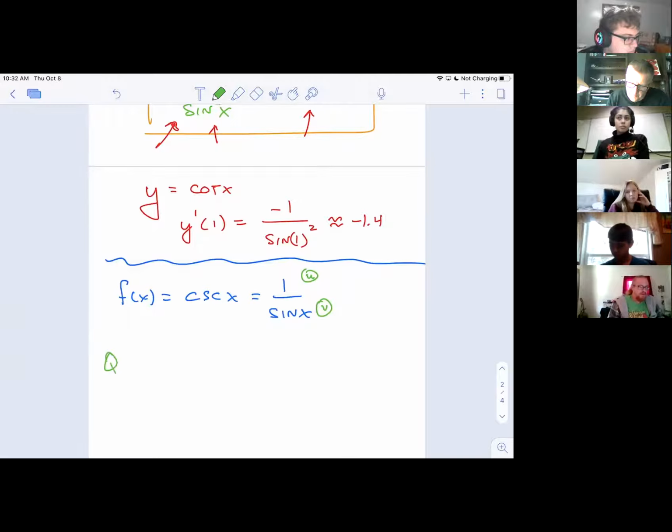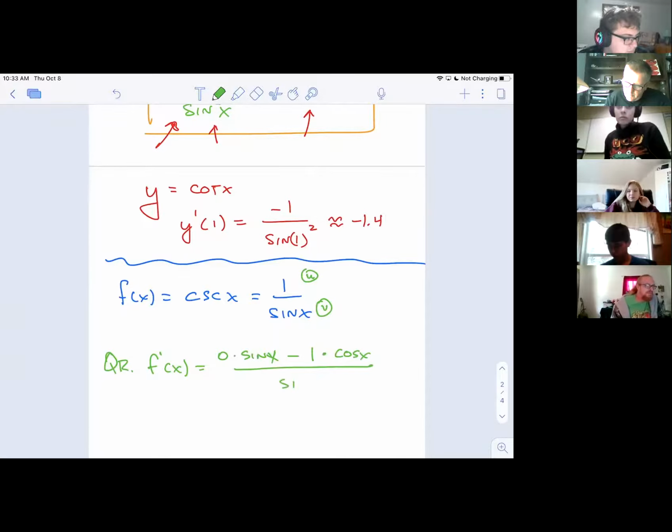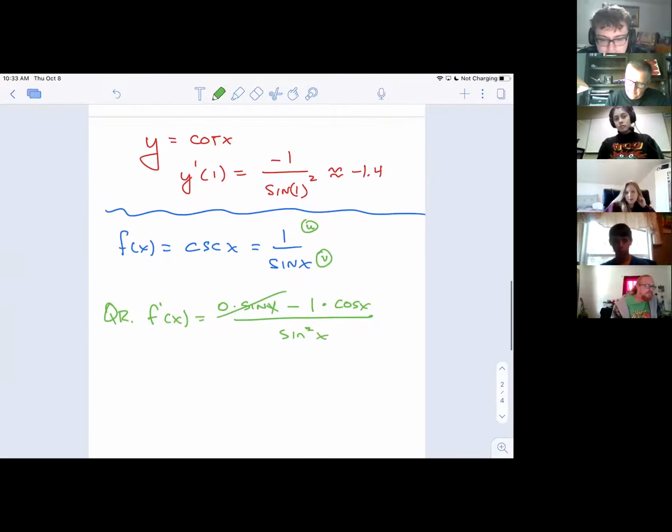So the quotient rule would say that f prime of x is equal to the derivative of u, which is 0, times v left alone, minus 1 left alone times the derivative of sine, which is cosine, all over v squared. So this whole term goes away, and the top is just negative cosine. So I get negative cosine over sine squared.